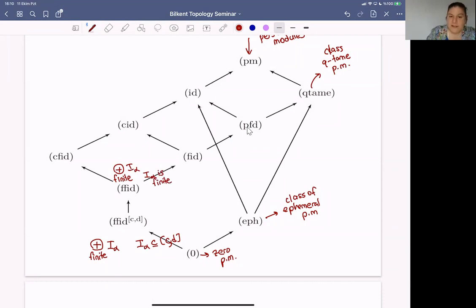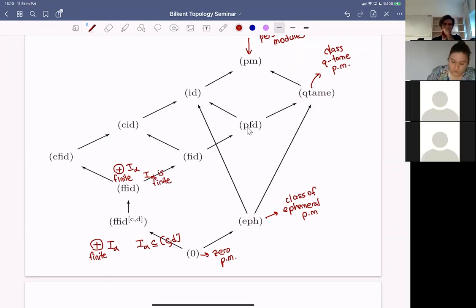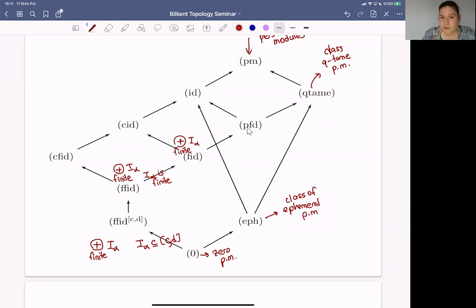So here FID, finitely interval decomposable: you have a finite sum, but here the intervals could be anything. It can have an infinite length.